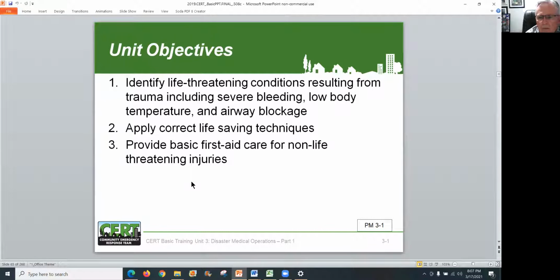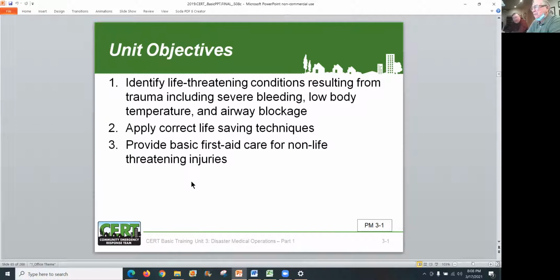But just in reviewing some of the things it wants us to talk about, I guess, is life-threatening conditions resulting from trauma. Well, there are numerous things that can result from trauma, including, of course, auto accidents, industrial work accidents, household accidents even.